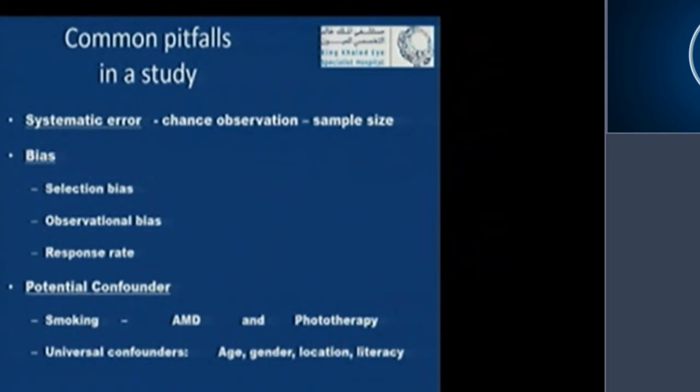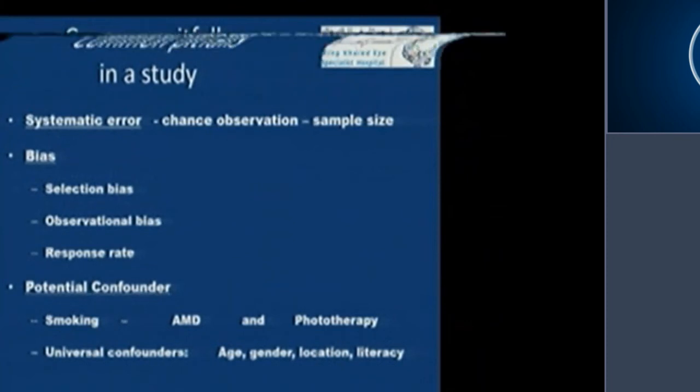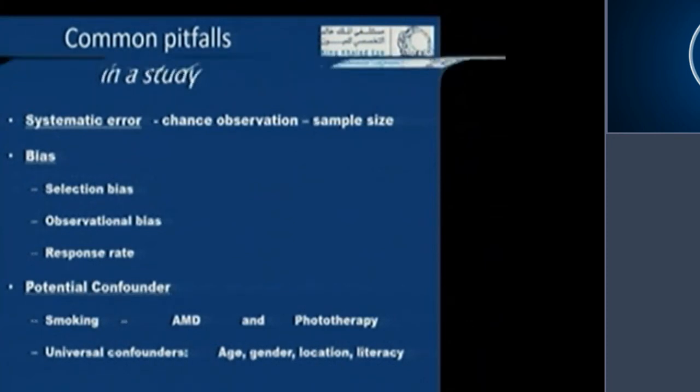Systematic error means, by chance, because you have studied a very small sample, error has come. So it could be a true result, or it can be a result which is influenced by small samples. This is called systematic error. So in the planning stage, if you have done a good sample size calculation, this has a minimum effect.